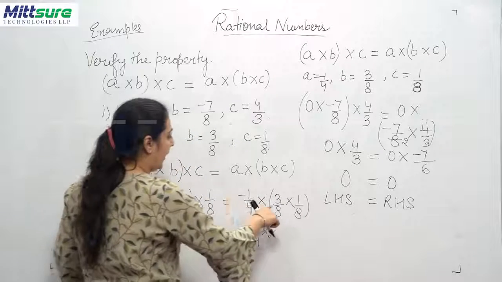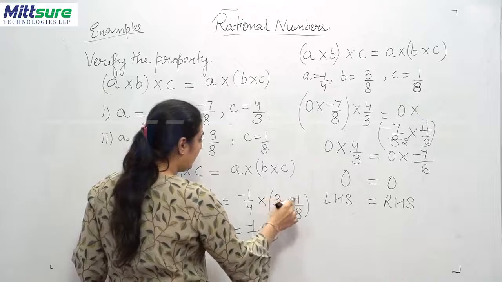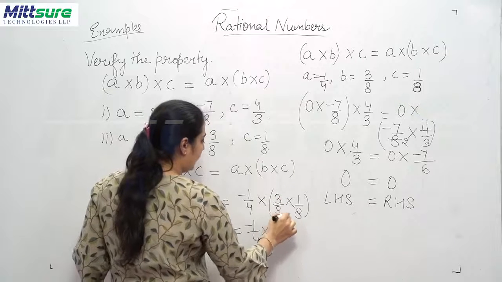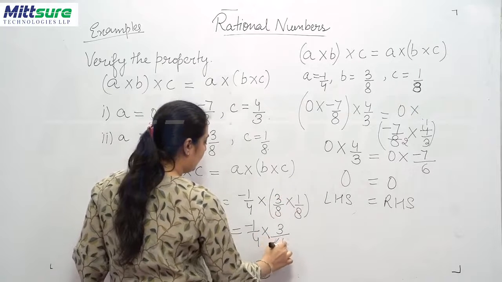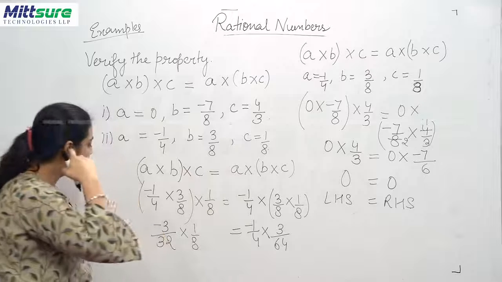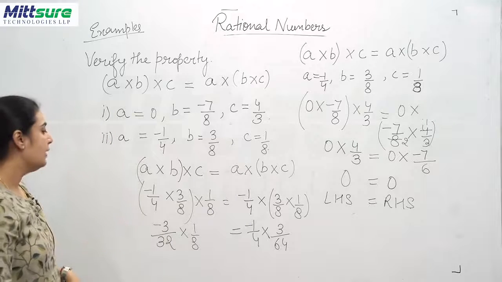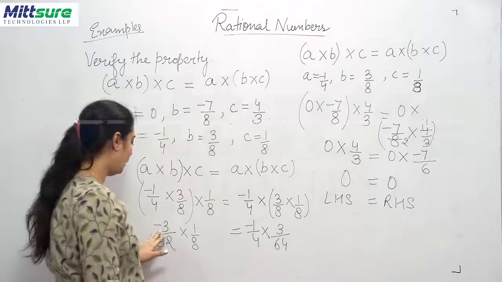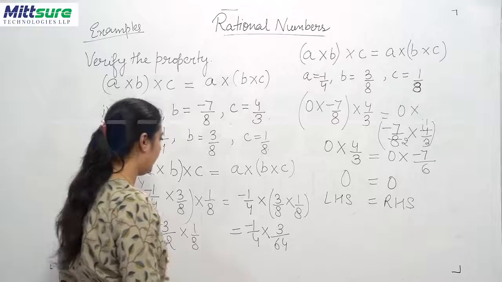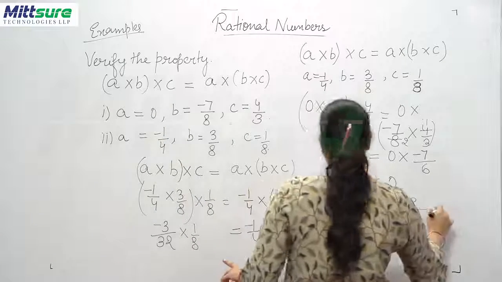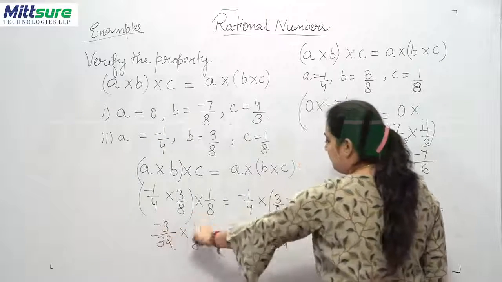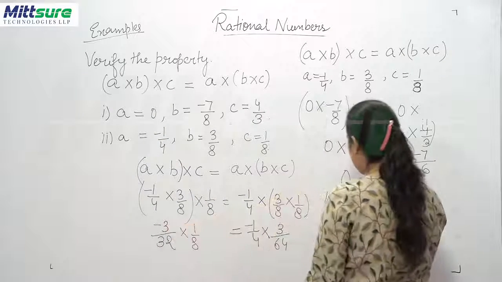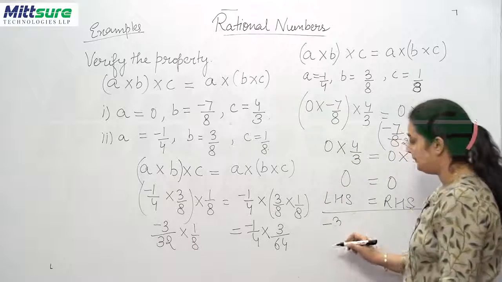Okay, and 3 into 1 is 3 and 8 into 8 is 64. Now we have to check that in both the conditions we are getting the same answer or not. Let's check the first one. When I multiply minus 3 and 1, I get minus 3.